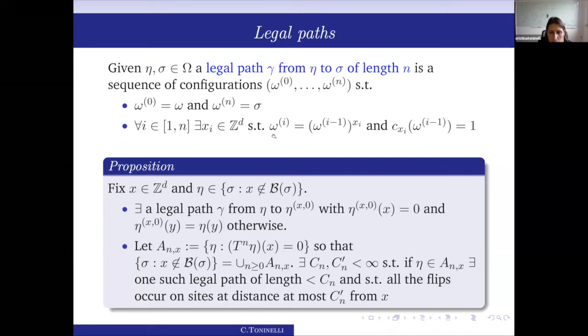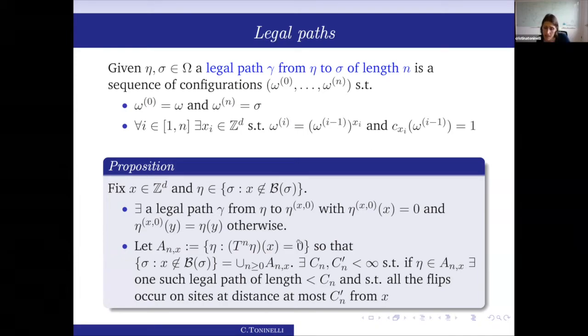All the moves of the Bootstrap map occur, let's say, in parallel, so it empties all the sites which have the constraint satisfied. It's not a problem for me. I have a dynamics in which I have to empty one site at a time. I can empty one site at a time, those which have the constraint satisfied, and do all that the Bootstrap map has done until the iteration n in which it has emptied site x.